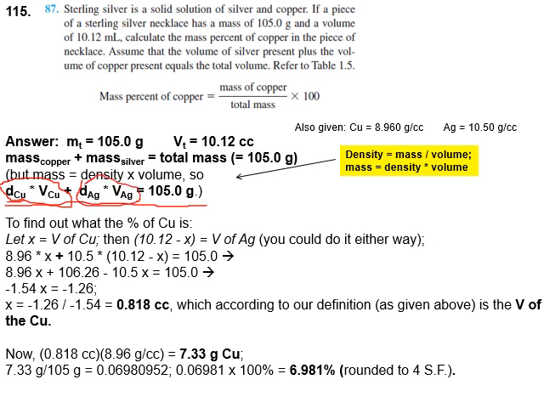The key to the whole problem is we're going to substitute X here. I think this is the reverse of what we did before, but it doesn't matter. And then this one here has to be 10.12 minus X, because when we add them together, they have to add to 10.12.